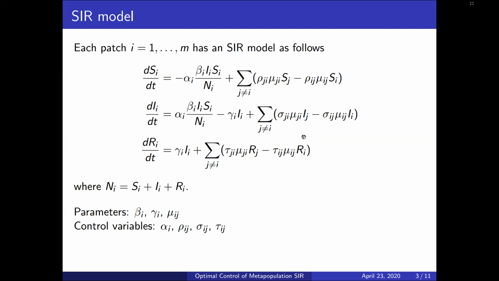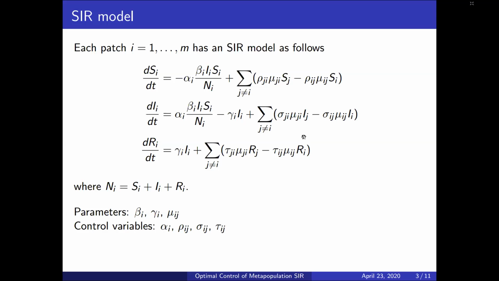And then we have these control variables, which are the most interesting to us. And these describe control efforts. So alpha_i describes maybe restrictions on the infection rate, for example, social distancing. And then rho_ij, sigma_ij, and tau_ij represent restrictions on travel.